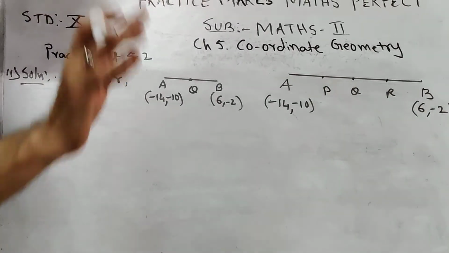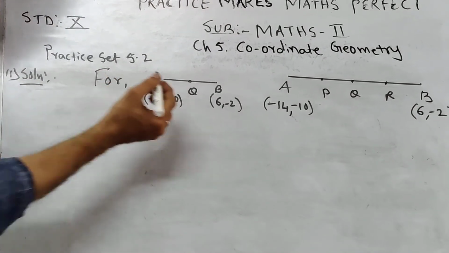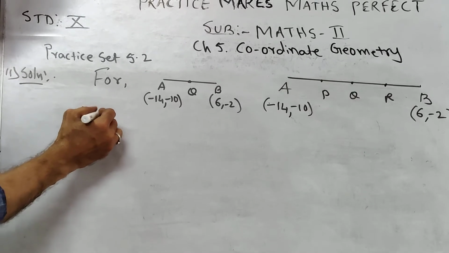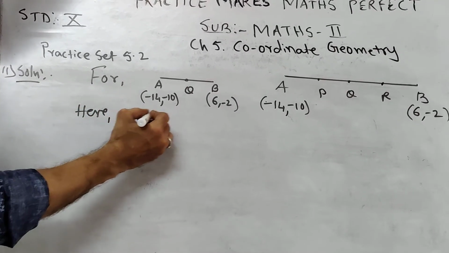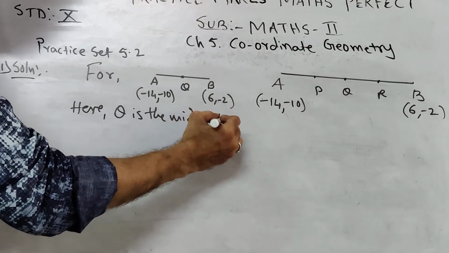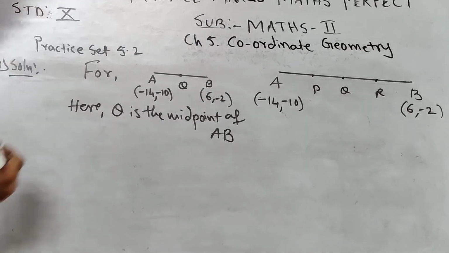So here first of all we will find out Q. Q is a very important point. Q is the midpoint of AB.